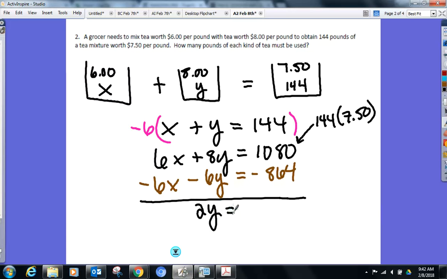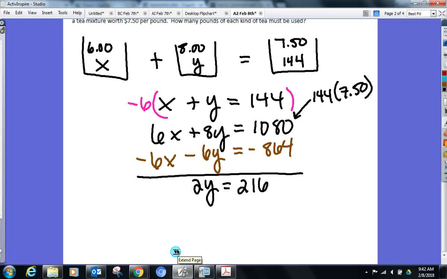Nice. Let's finish this. A lot of $8 a pound tea, huh? 108 pounds. LBs, as we like to say on the street.